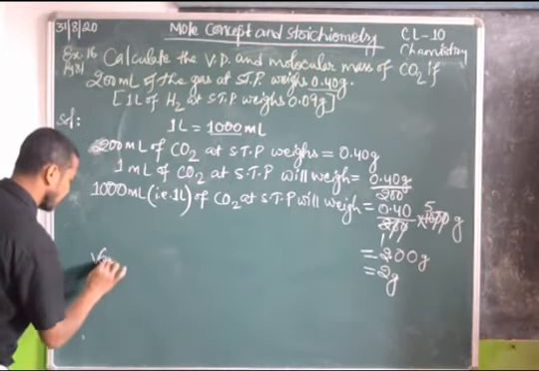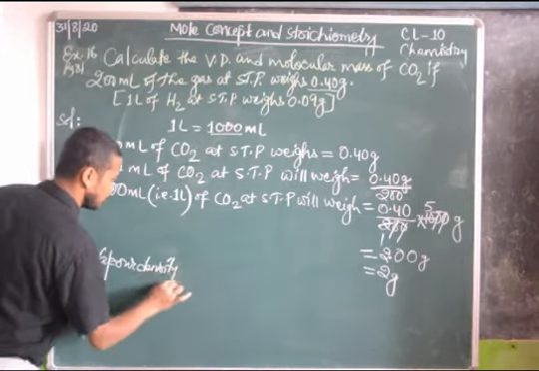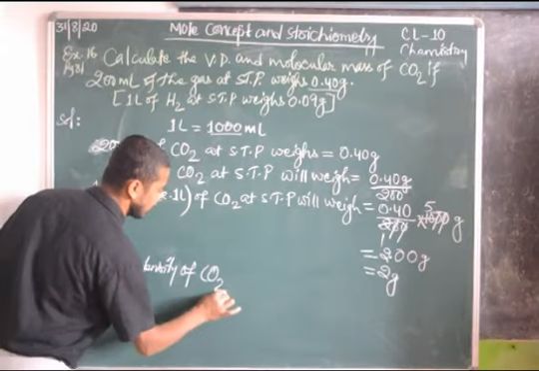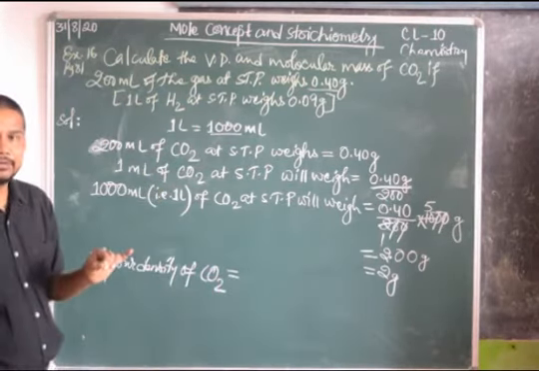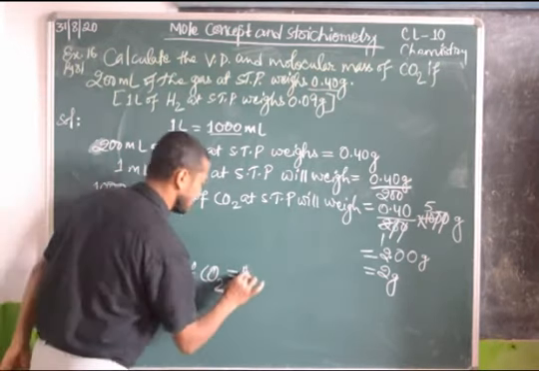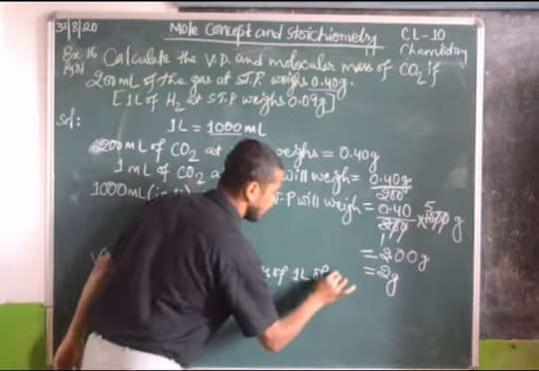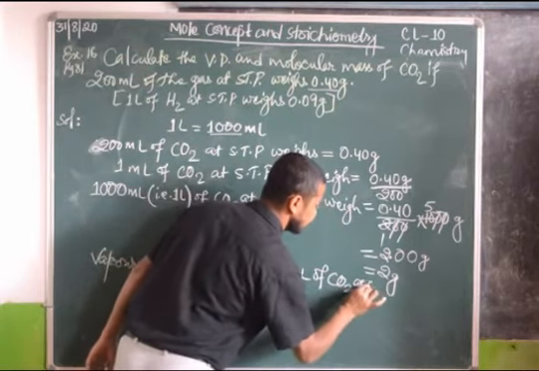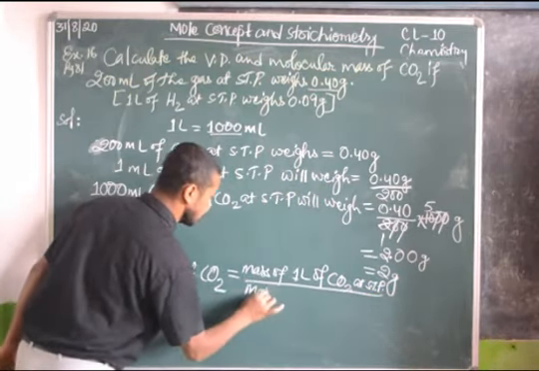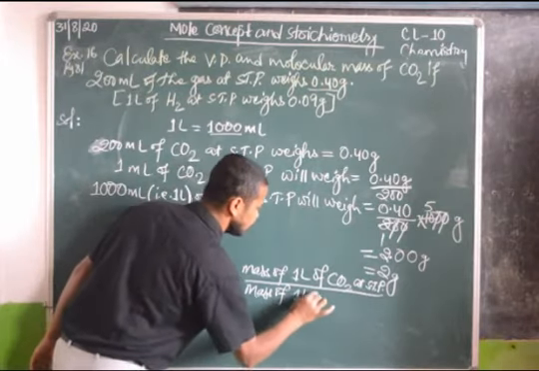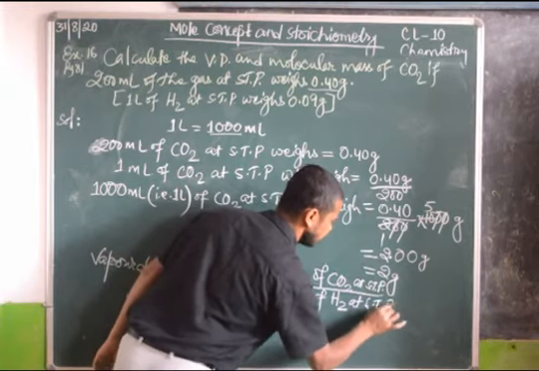Now we can find vapor density. So the vapor density of carbon dioxide gas is equal to, what is the formula? Mass of 1 liter of carbon dioxide at STP divided by mass of 1 liter of hydrogen at STP.